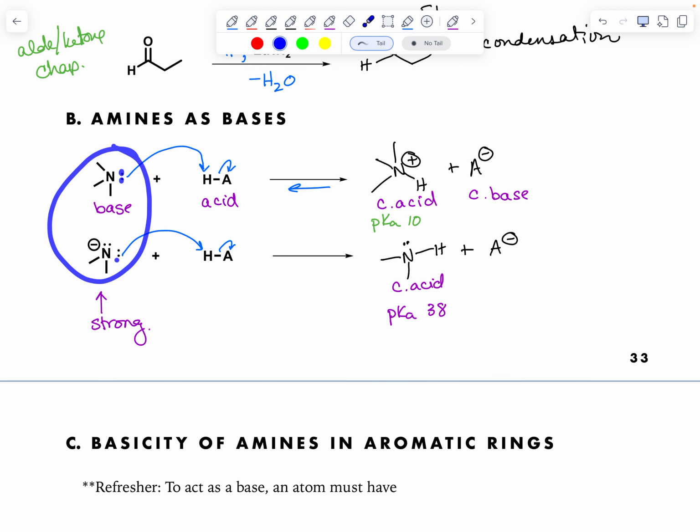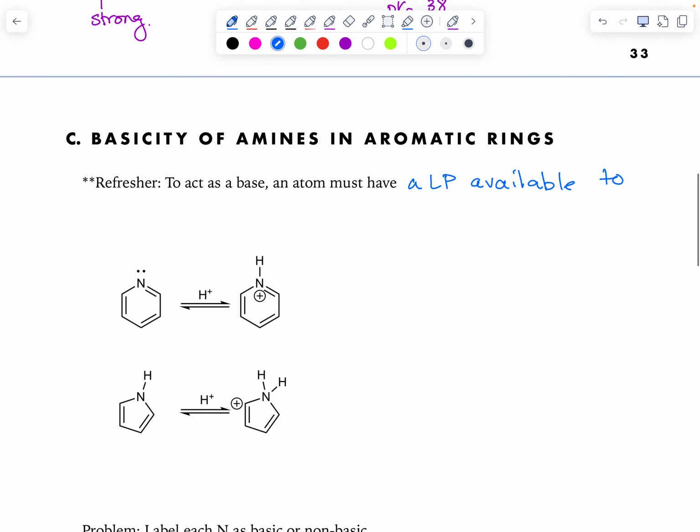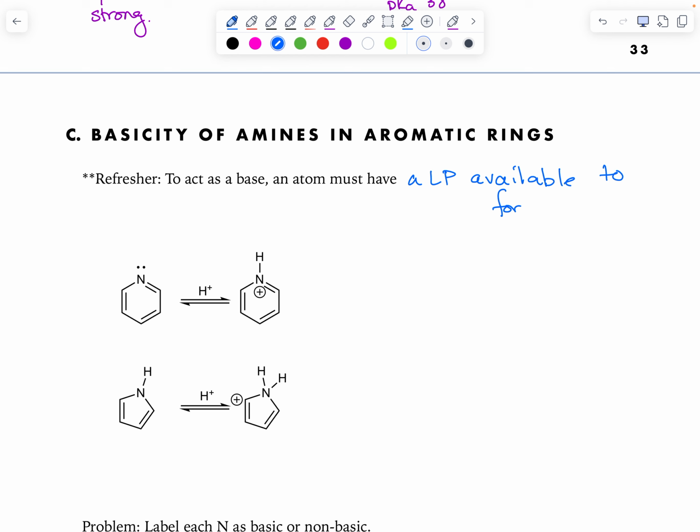You don't have to draw this if you don't want to. I'm going to draw this from the side, kind of looking this way. That's an eyeball, by the way. Here's the lashes. That nitrogen puts the lone pair in a p orbital and has everything else attached to it through sp2.